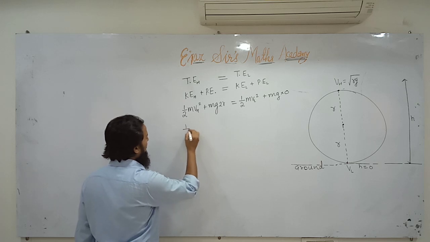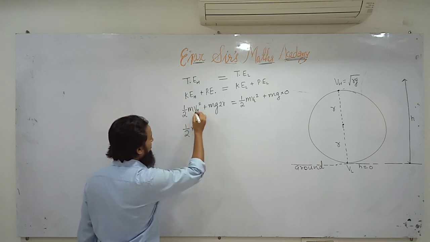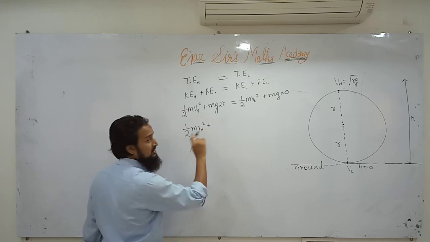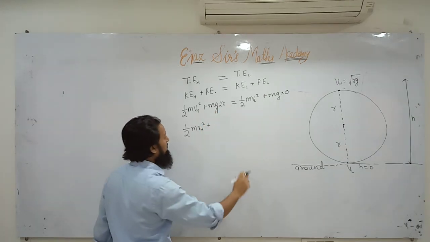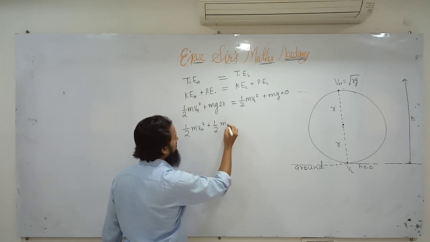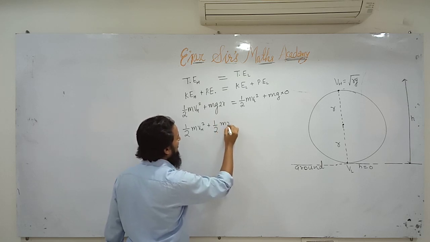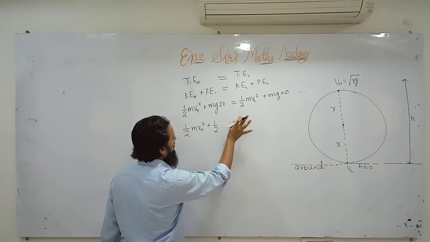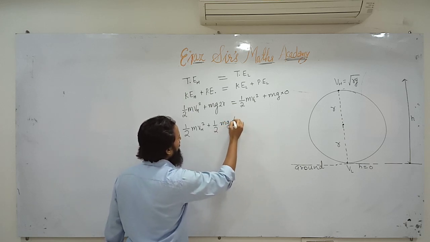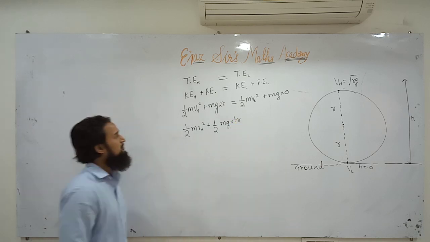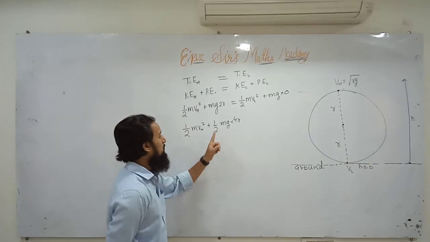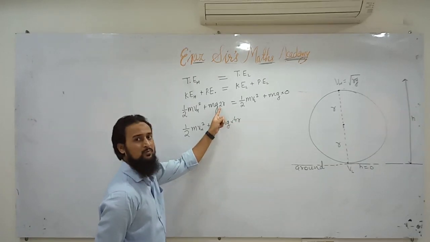Now I can write it like this: half m vh square plus, see carefully, half m root rg square into... this half 2 will become 2.